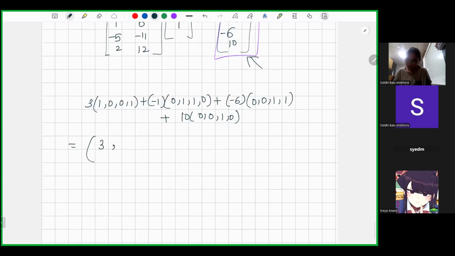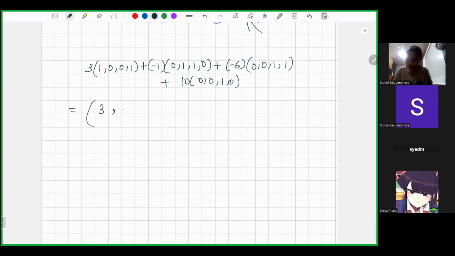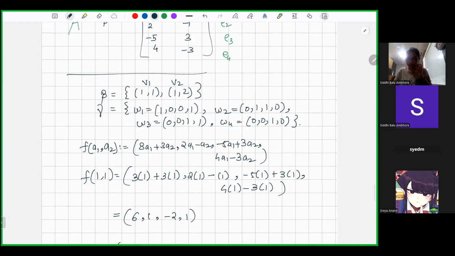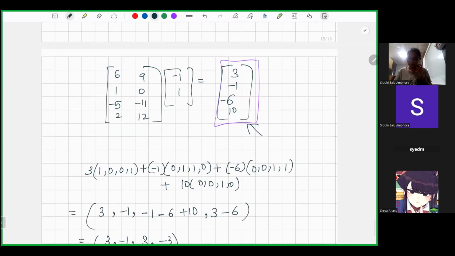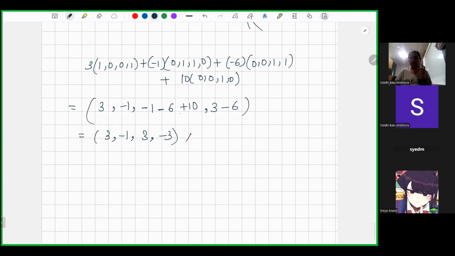Second one is minus 1, that is correct. Third one is minus 6 plus 10. And the fourth one is 3 minus 6. So this is 3, minus 1, and this becomes minus 7, this is 3, and now this is minus 3. And that is the image, right? So 3, minus 1, 3, minus 3. That's what it means.